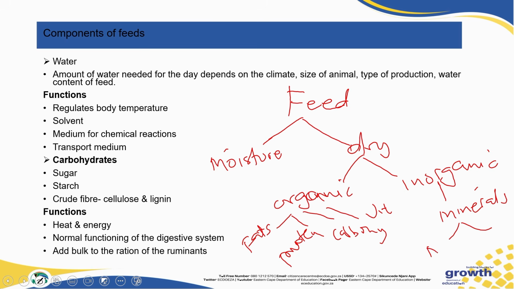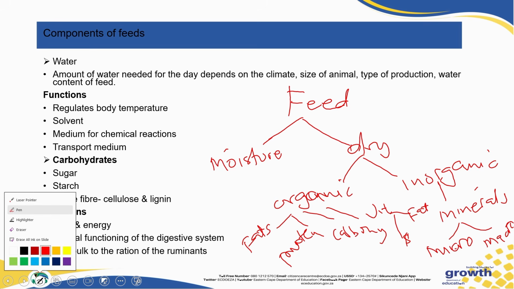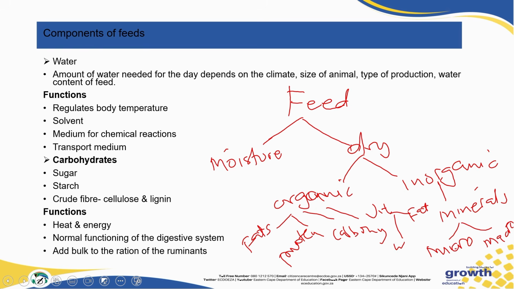With the minerals, we have the micro and the macro minerals. And in vitamins, we have fat-soluble vitamins and water-soluble vitamins. Then the moisture part in a feed is more important than the dry part in a feed.